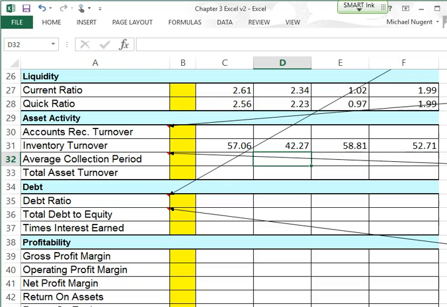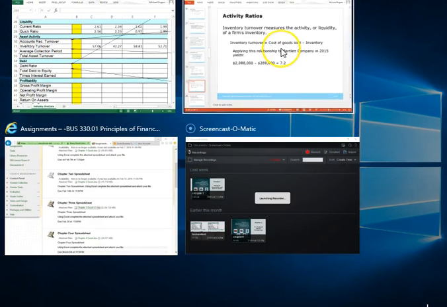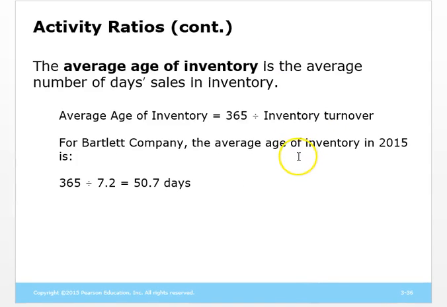So let's look at, before we follow the PowerPoint, average age of inventory. Now this is something that I don't have on the handout, but we could calculate it by hand. So 365 divided by inventory turnover.